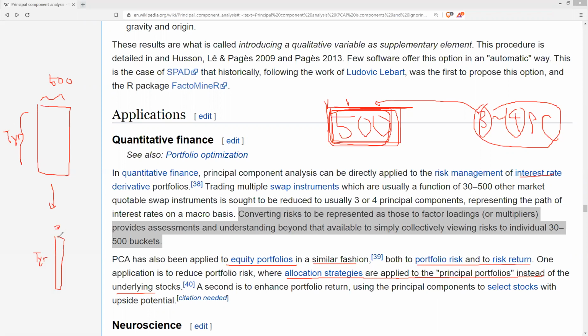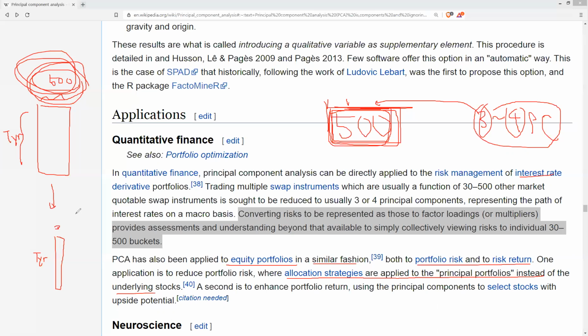And these 3 principal components are actually linear combinations of these 500 stocks. Therefore, each principal component can be regarded as a portfolio. So instead of managing 500 assets, you can manage just 3 portfolios.